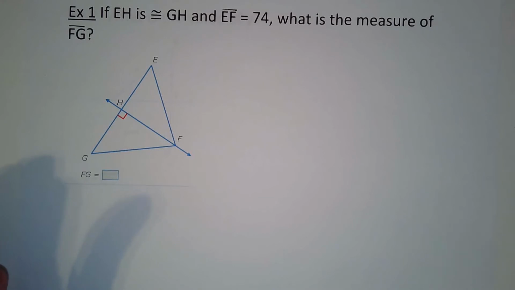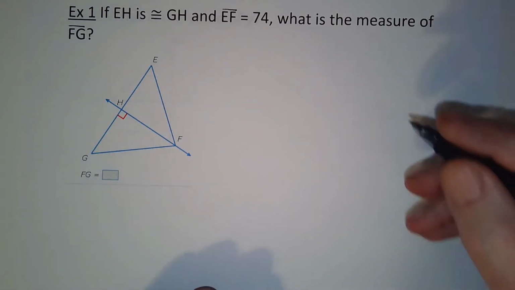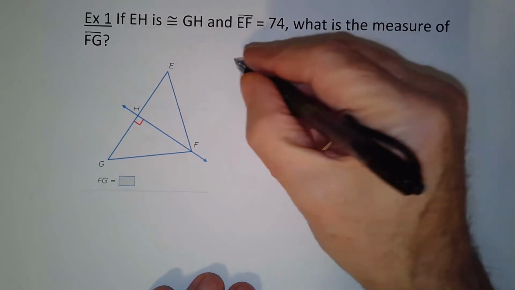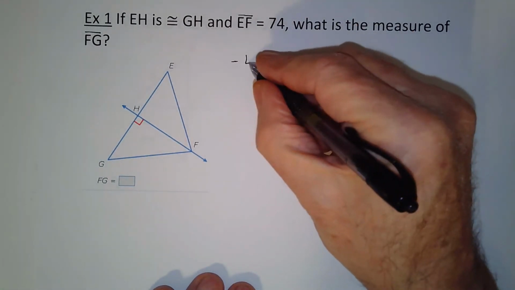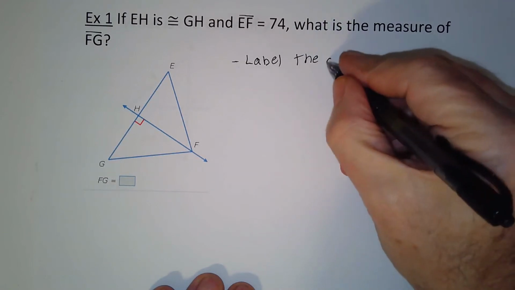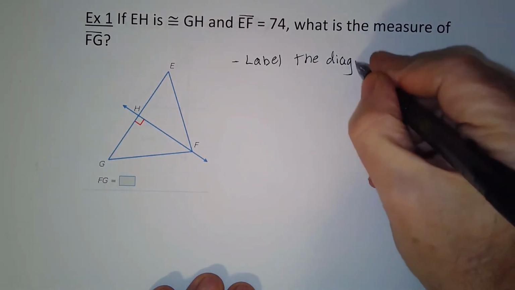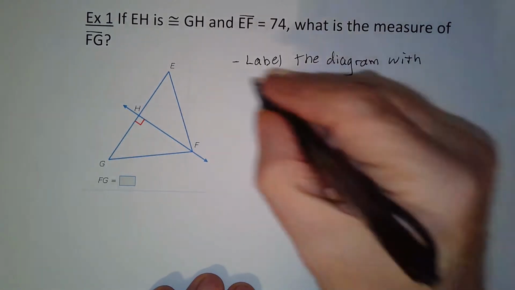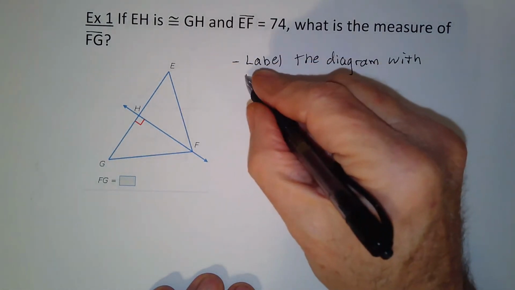To answer that question, first of all, you're going to want to go ahead and label the diagram with the information in the question. So I'm just going to write that. Label the diagram with the information in the question.